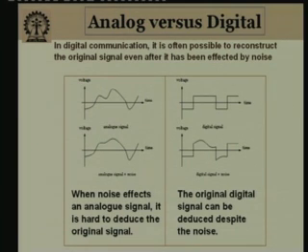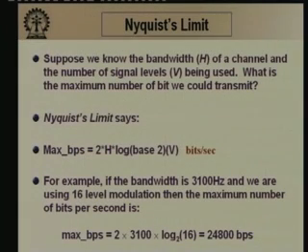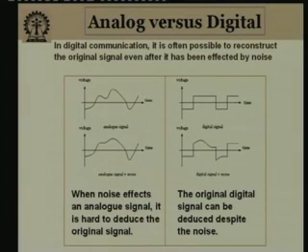So, let us see what we mean by the statement that digital signals are less error prone. In this figure, on the left hand side we have some analog signal, and then some noise has come, that means some distortion has come, and the signal looks like the one below. When noise affects an analog signal, it is hard to deduce the original signal from this.